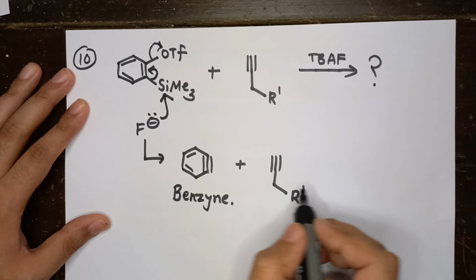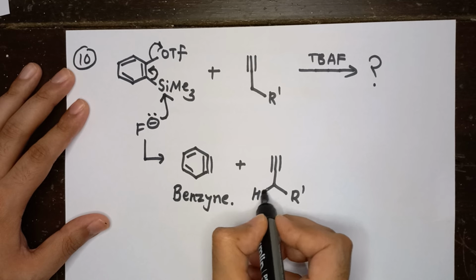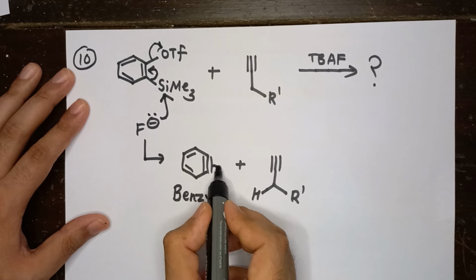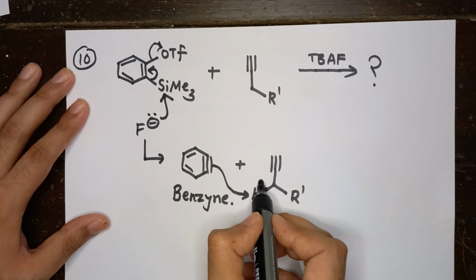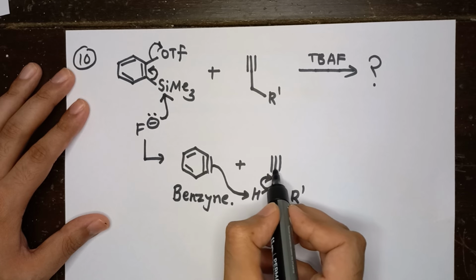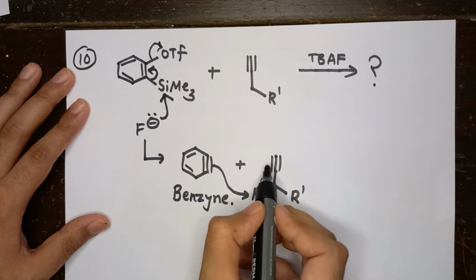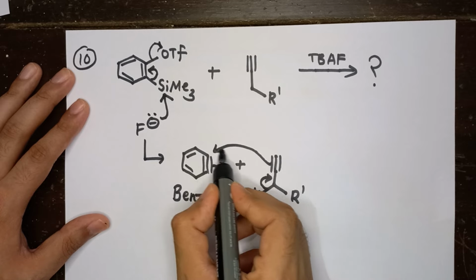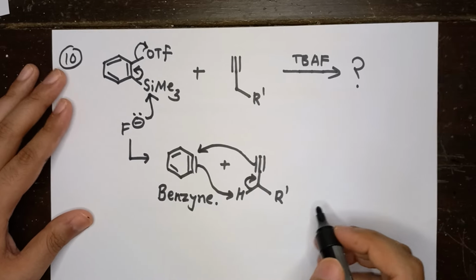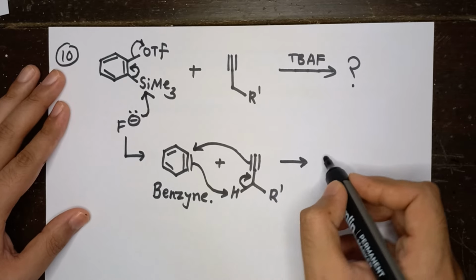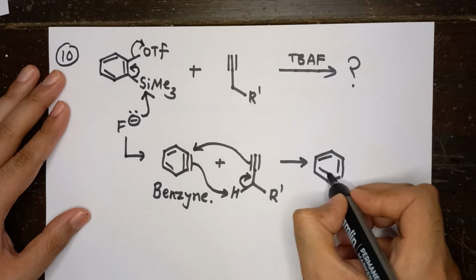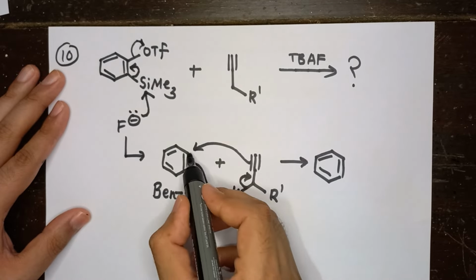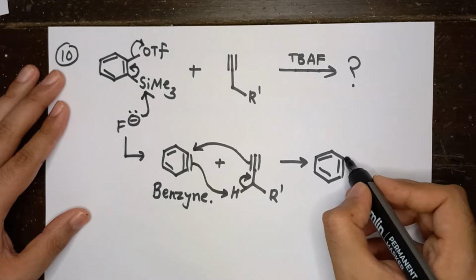So now this time I have a hydrogen here, so this triple bond will take this proton, once again the arrow pushing mechanism, this will form a double bond here, this is a carbon and this is a carbon, and this will form a bond here. So now this triple bond is a double bond, this is bonded with this center.